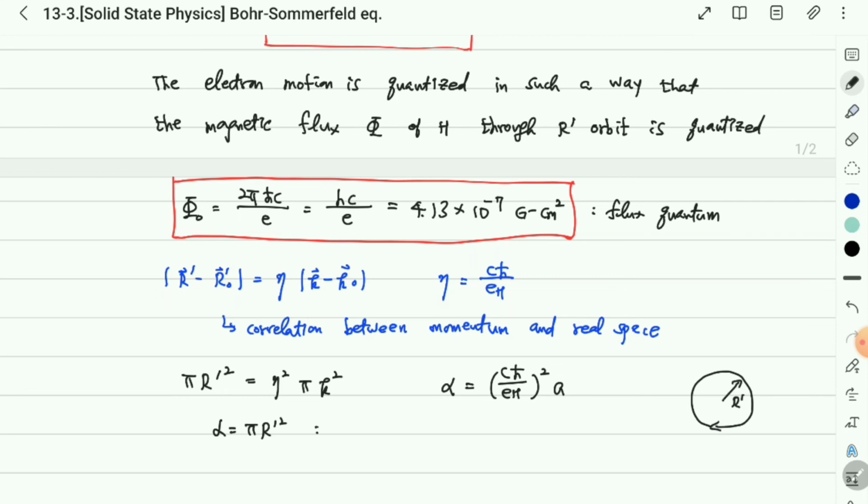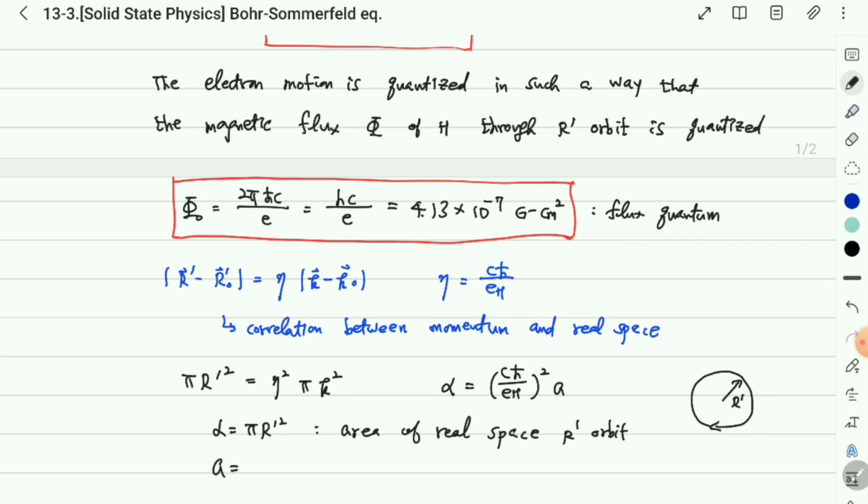Alpha is the area of real space of the r prime orbit, and this real space can be transformed into momentum space.